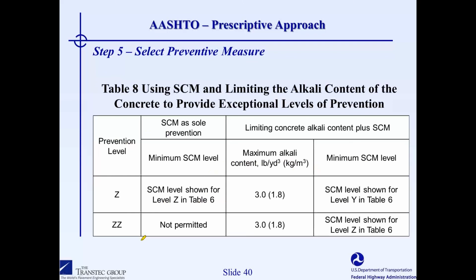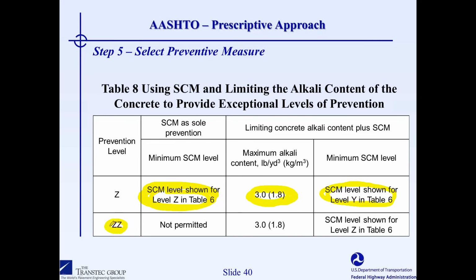Table 8 is the special levels of prevention. So what we say in Table 8 is, first of all, for level Z, you can either use the SCM shown in level Z on its own, or if you want to use slightly less SCM, you can drop the level to level Y, but also control the alkali content of the concrete.